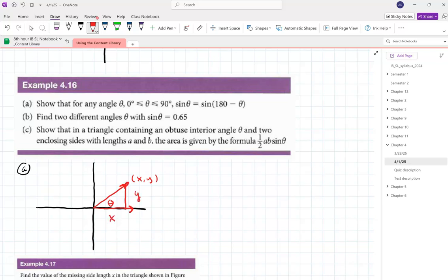So that side is x and y, right? If I draw the angle 180 minus theta, it would look like that. Everybody agree? So the points there would be, again, negative x and y.